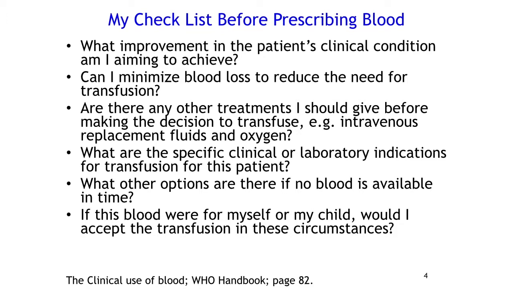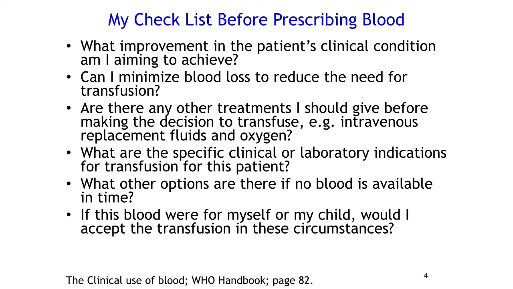Before you give that child blood, you ask yourself, what is my target clinically? What do I want to improve in this child's clinical condition? And can I minimize blood loss so that I can save that unit and reduce the need for transfusion? And are there some other treatments I could offer before starting a transfusion?